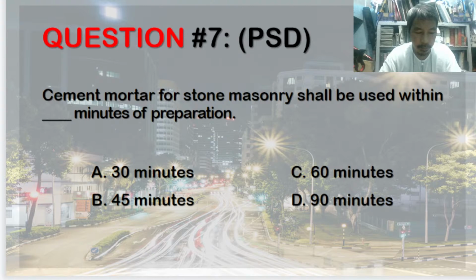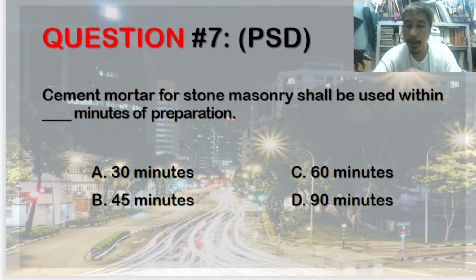So number 7, cement mortar for stone masonry shall be used within blank minutes of preparation. So what about mortar? So grout is 60 minutes. What about mortar? It must be used within blank minutes of preparation. A, 30 minutes. B, 45 minutes. C, 60 minutes.